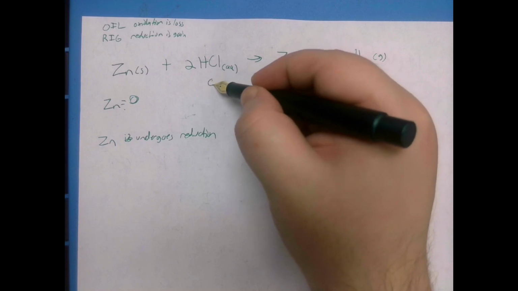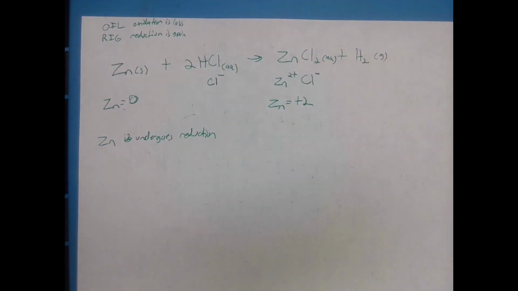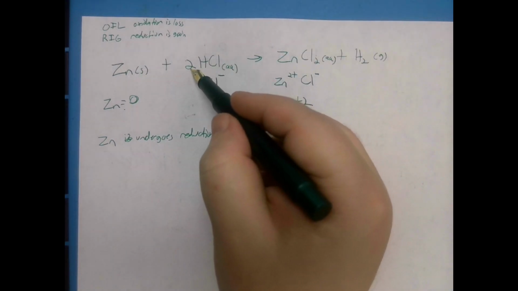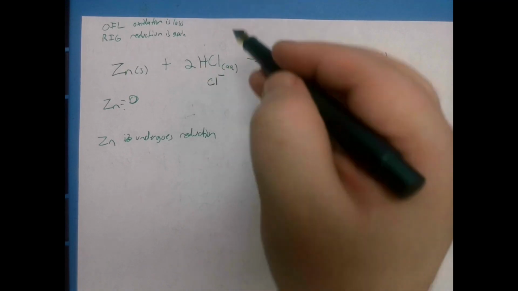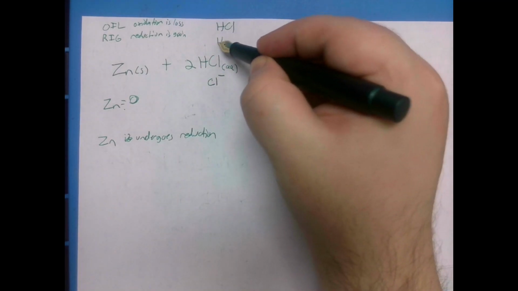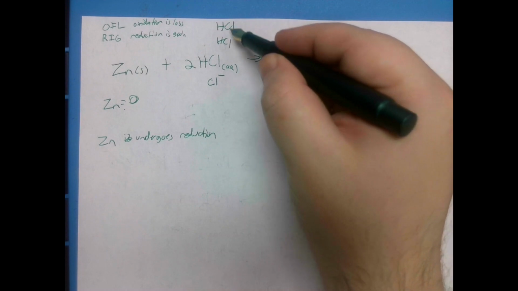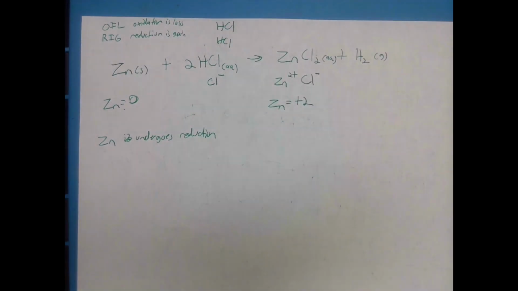Chlorine is negative, so that doesn't matter. We basically have 2 HCl, but in both of them it still has a charge of negative.